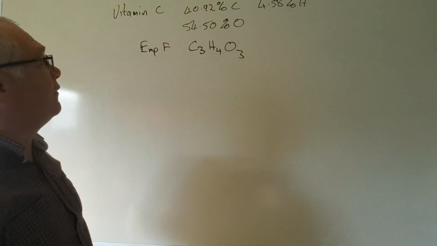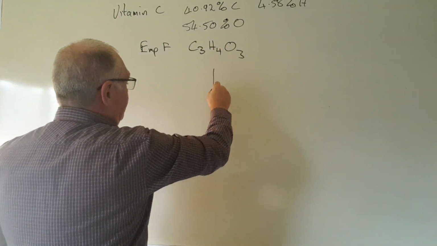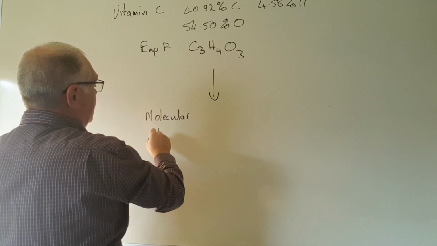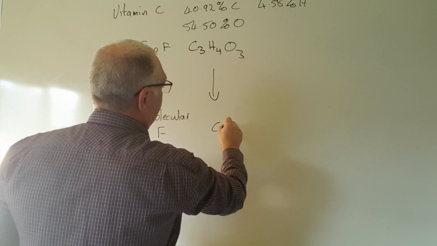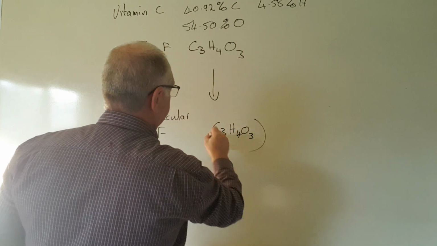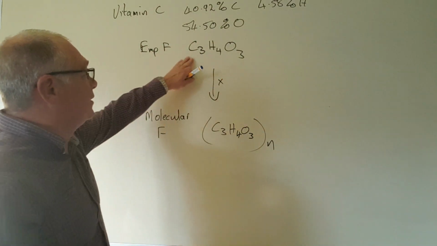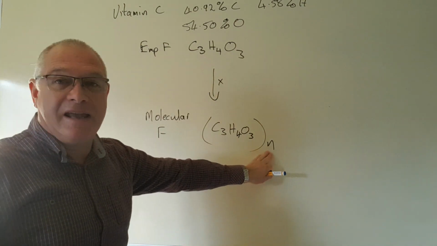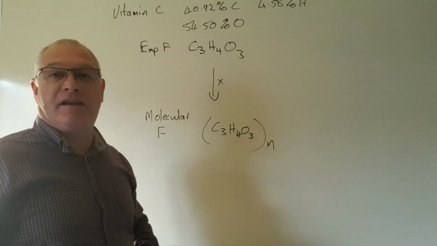Now in this next step I'm going to show how we're going to calculate what the molecular formula is. Now the empirical formula is the lowest ratio. The molecular formula is going to be some multiple of the empirical formula. So we're going to have to multiply the empirical formula by some whole number, being n, so that we can actually get the molecular formula.